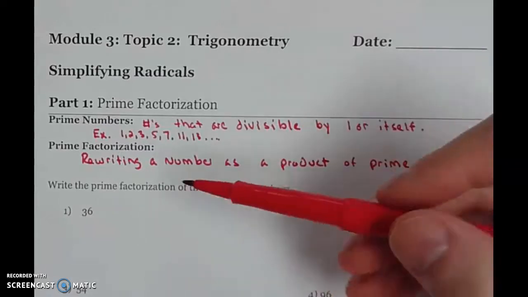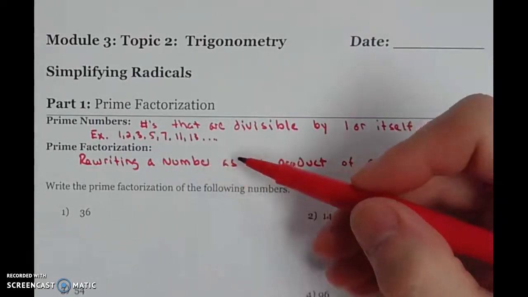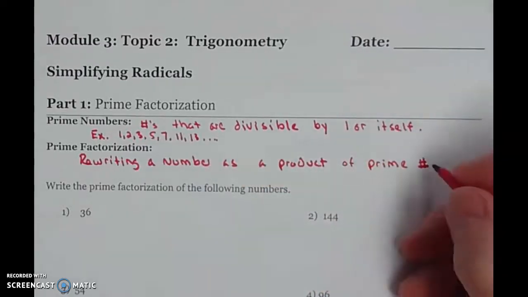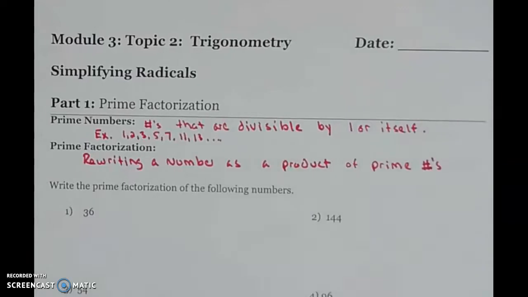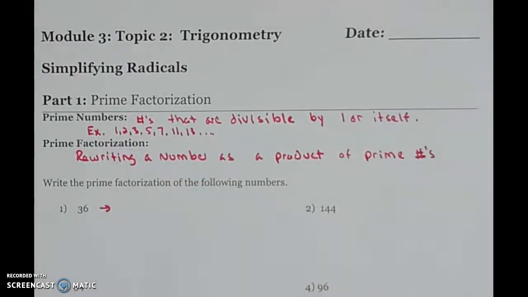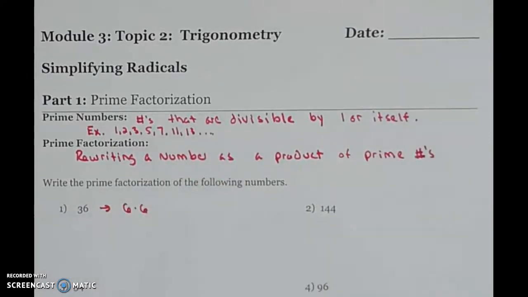And when we look at the idea of prime factorization, which you guys talked about in 6th grade, it's the idea of rewriting a number as a product of prime numbers. So just to look at an example, number 1, we are breaking down 36. Well, I do know that 36 is 6 times 6.